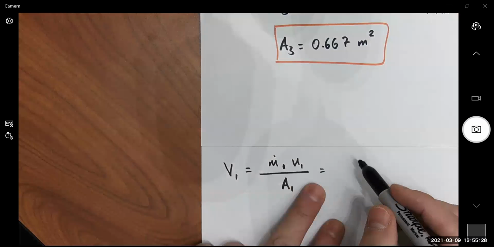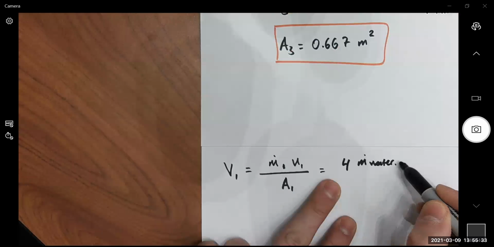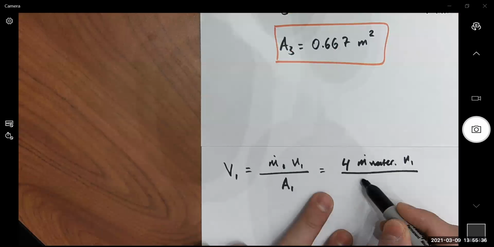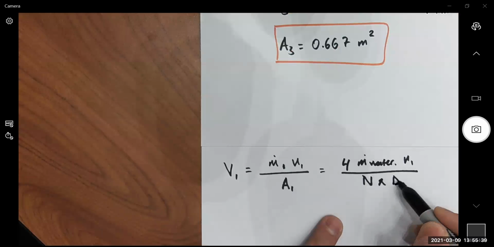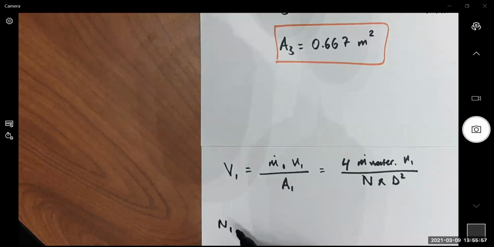Area is pi d squared over 4 for each tube, and I have n of those.